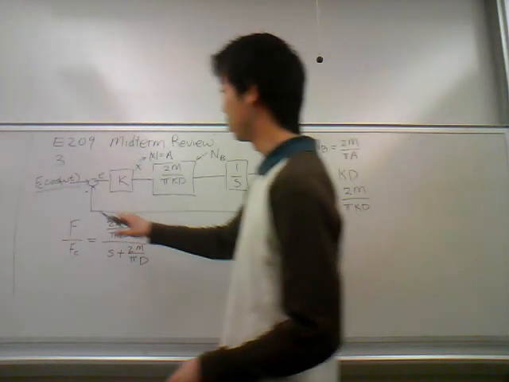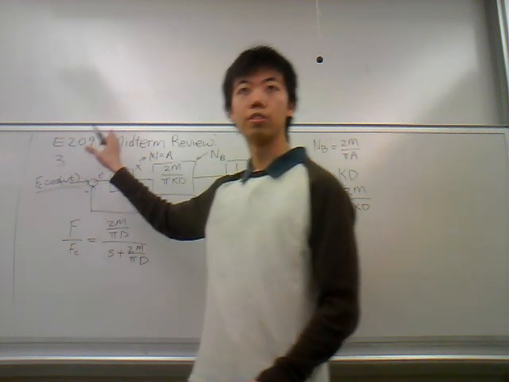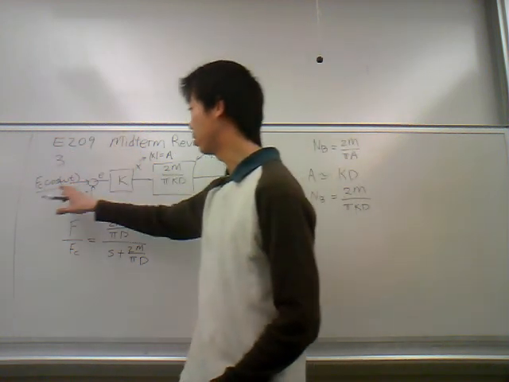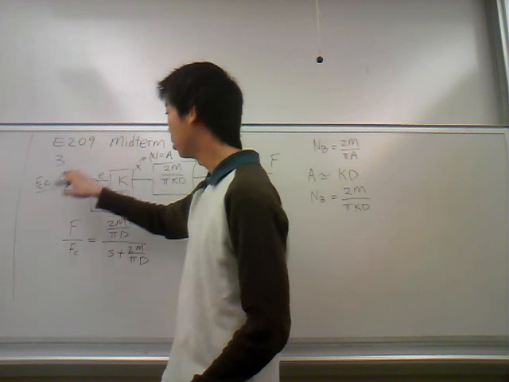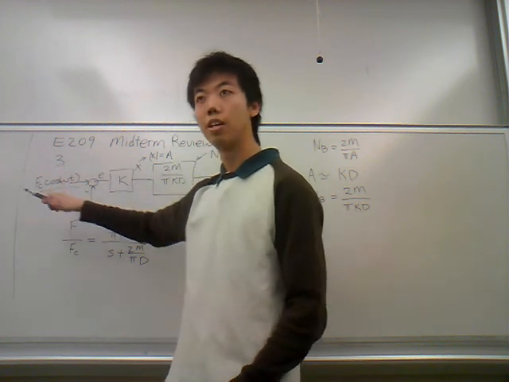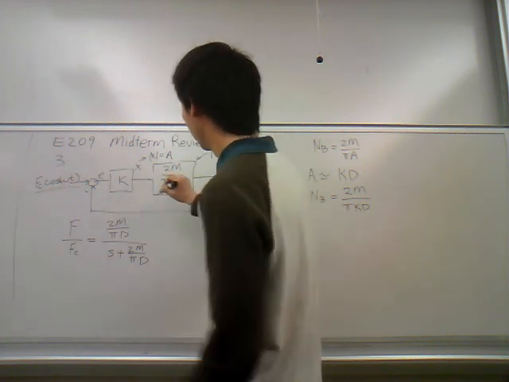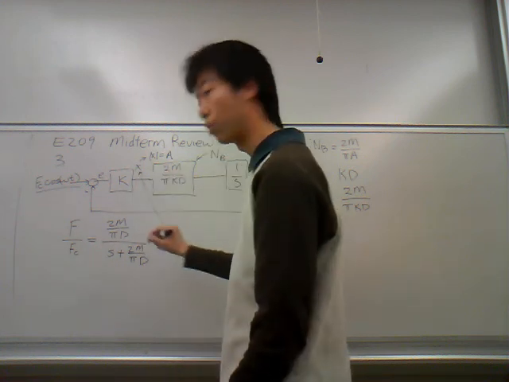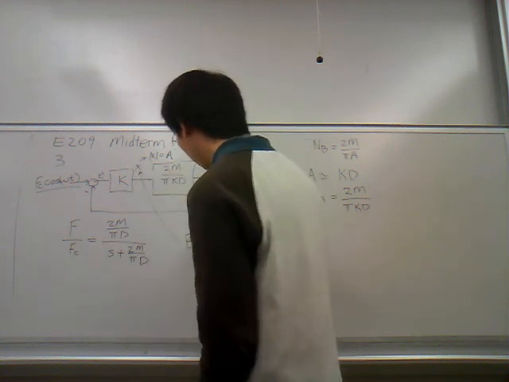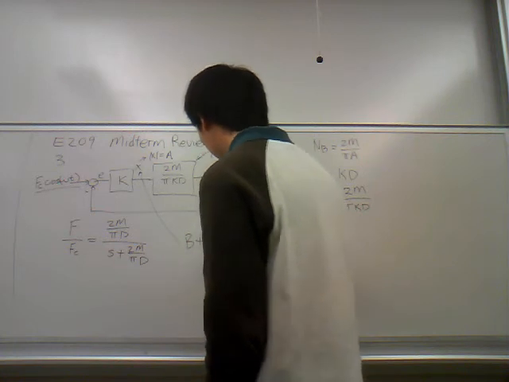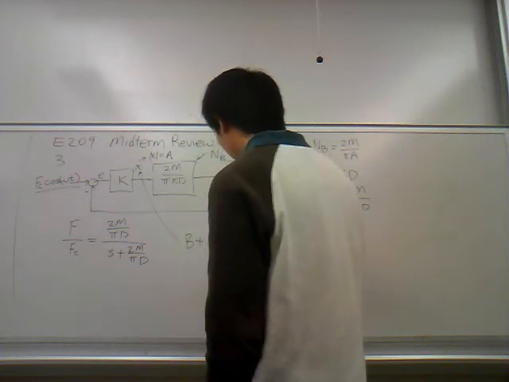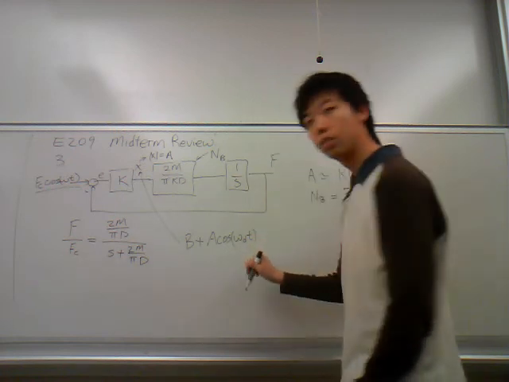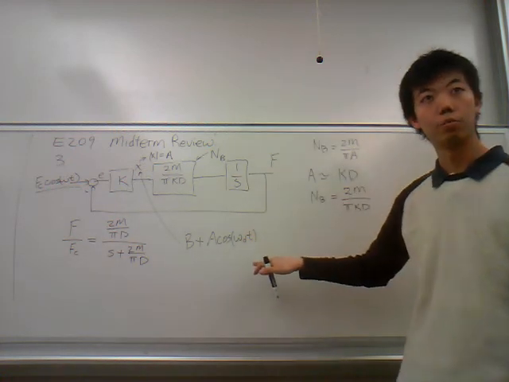So we're saying we have our dither signal, it's there, right? It's much, much faster than this. So compared to our dither, this looks like a gain, and over here, our x looks just like b plus a cos omega dt, right?